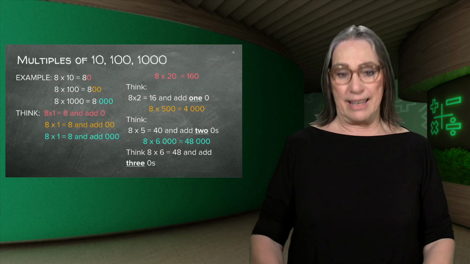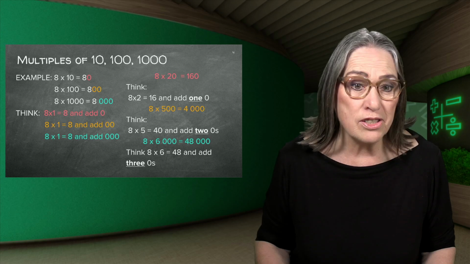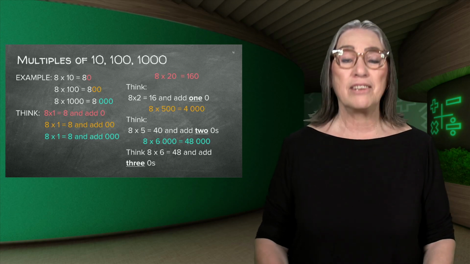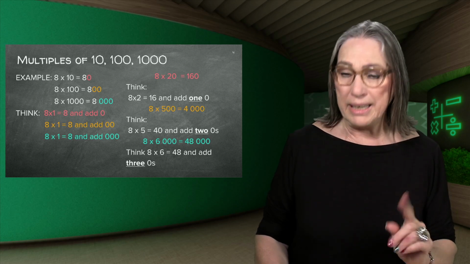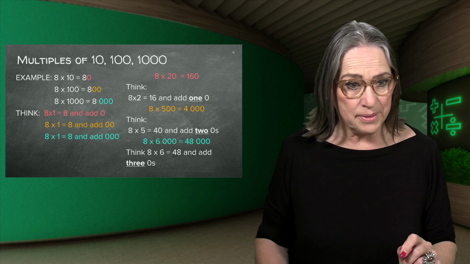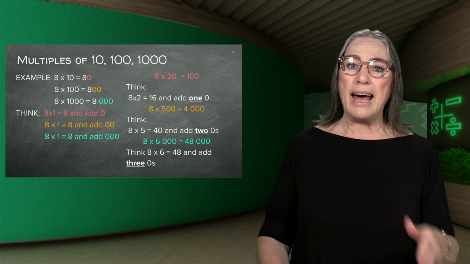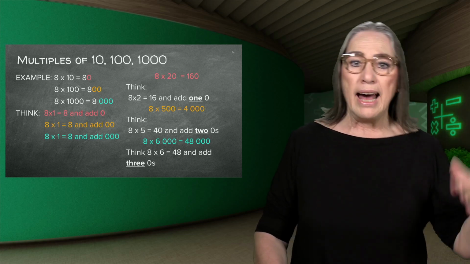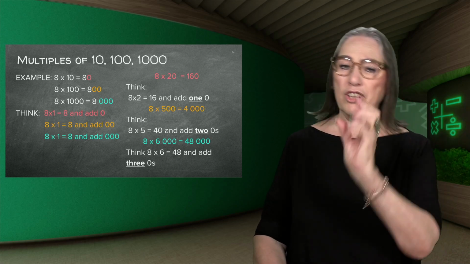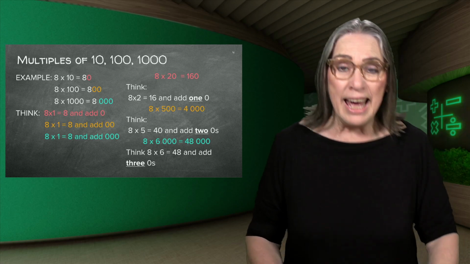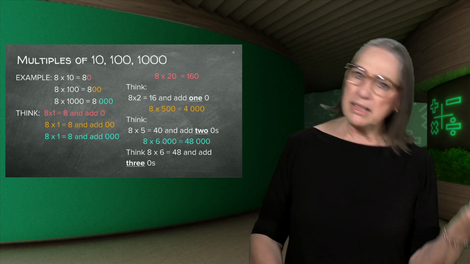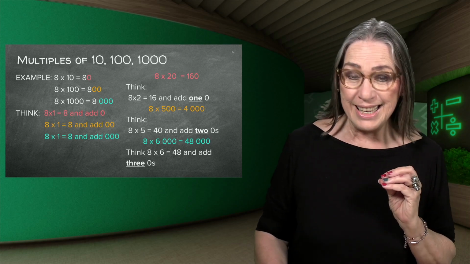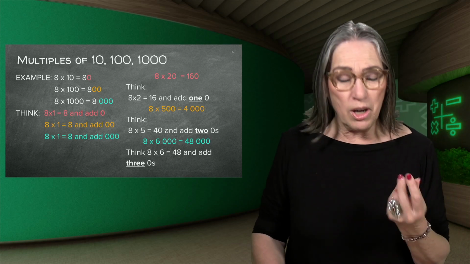Right, the next thing. Multiples of 10, 100, and 1,000. Now, I'm sure you know this, but this is just a reminder. If you, for example, have to multiply 8 times 10, yes, you go to your multiplication chart, and you see it's easy. It's like 1 times 10 is 10, 20, 30, 40, 50, right? So if you multiply, what do you think?